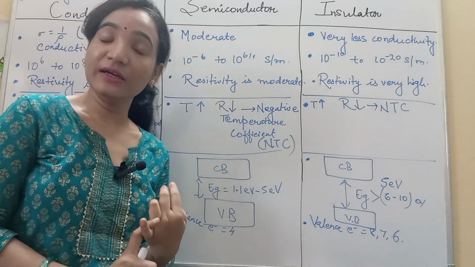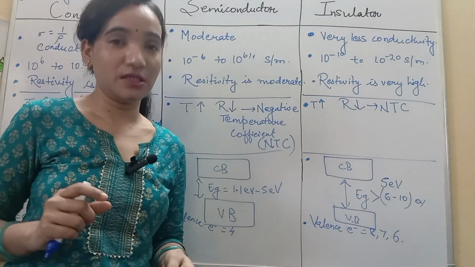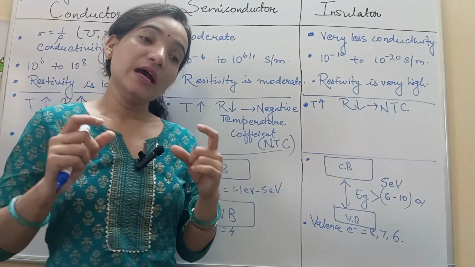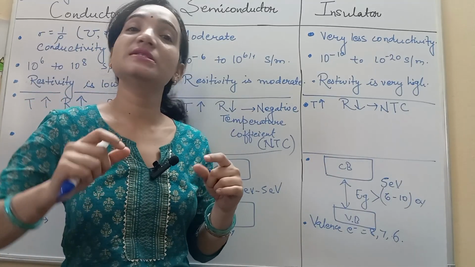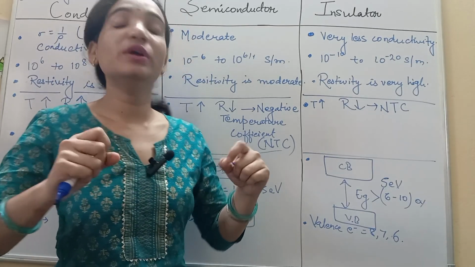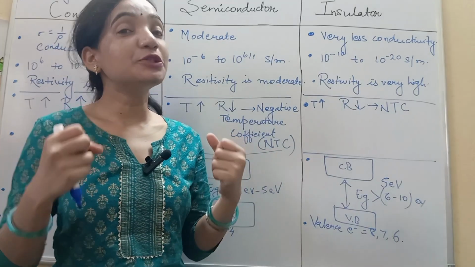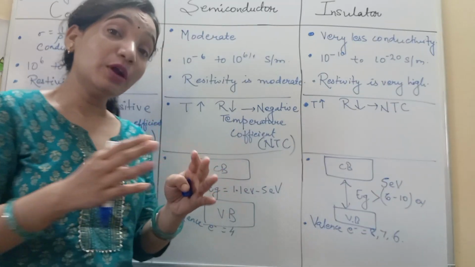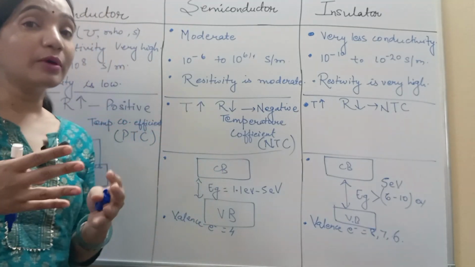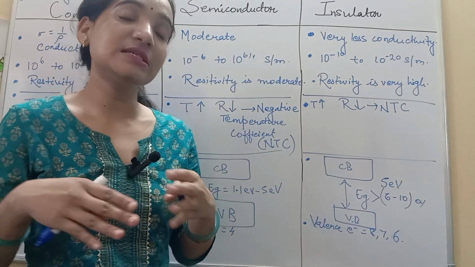Now let us try to understand the case of the semiconductor. With the increase in the temperature, the resistance is decreasing. How is it decreasing? When the substance is heated, the elements which are bonded together through covalent bonds break up. When they break up, you get a larger number of charge carriers, and they start to flow.